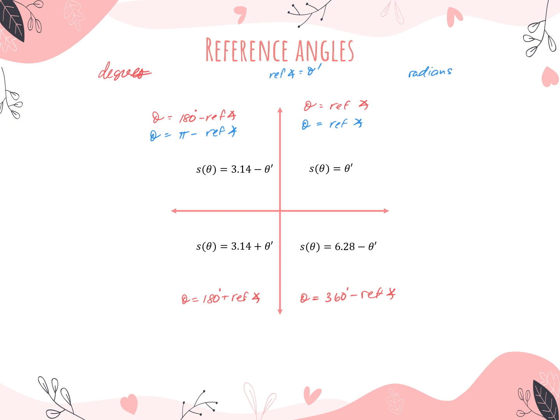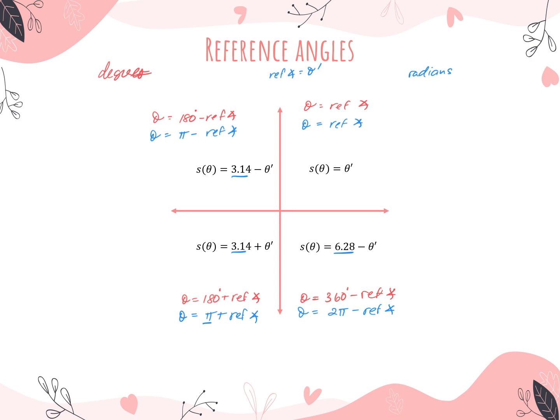Remember, pi and 3.14 are the same. In quadrant 3, it's going to be pi plus the reference angle or theta prime. And in quadrant 4, it's 2 pi minus the reference angle or theta prime. You can use 2 pi, or you can use 6.28, you can use pi, or you can use 3.14.